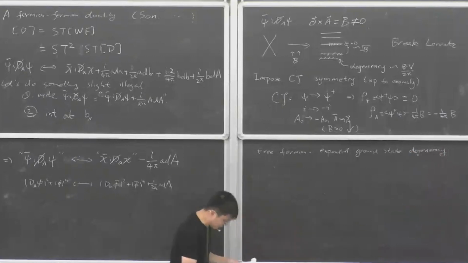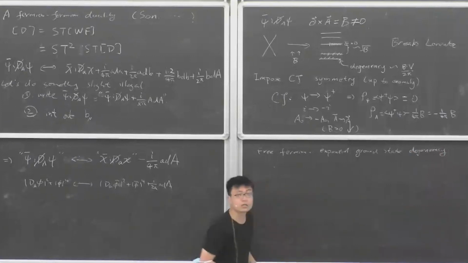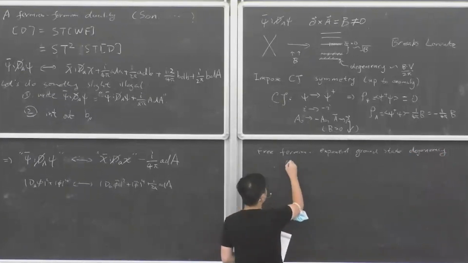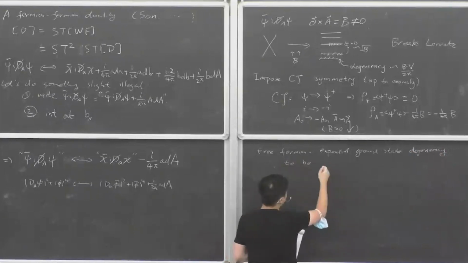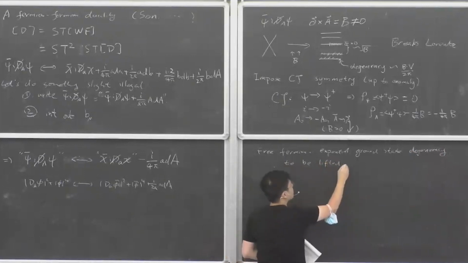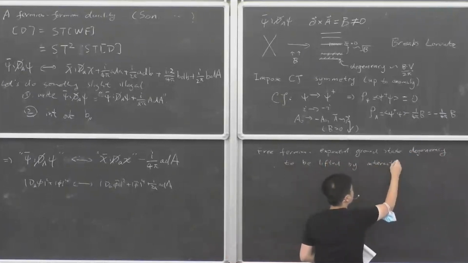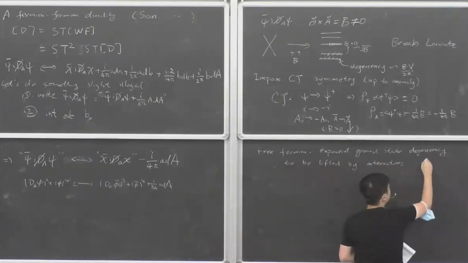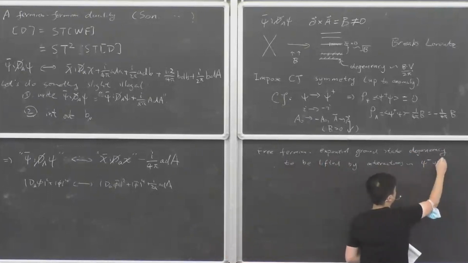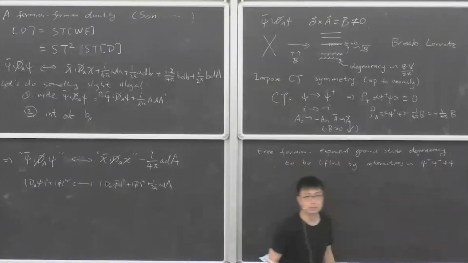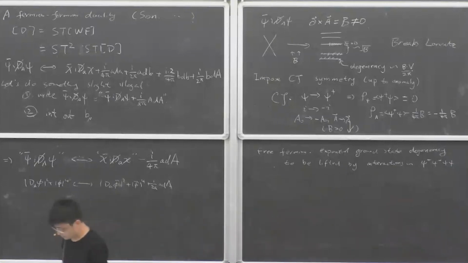Of course, this means that once you turn on even a little bit of interaction, this degeneracy will be lifted. At least we expect the degeneracy to be lifted. You know, things like the fermion quartic terms and so on. So even though such terms are irrelevant in the UV, right?